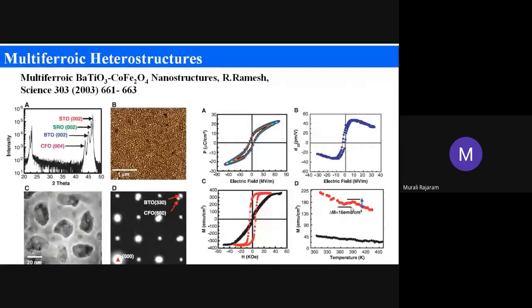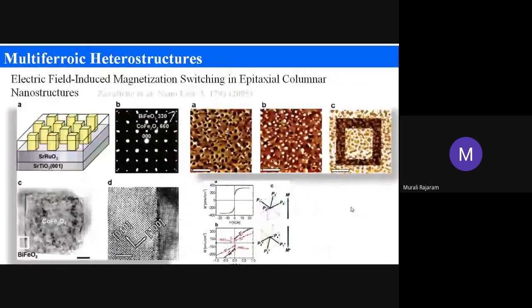Okay. So around 2005, the same group reported on bismuth ferrite cobalt ferrite. Okay, instead of barium titanate, they have replaced that with bismuth ferrite. As I said, bismuth ferrite is very important and has very interesting properties.